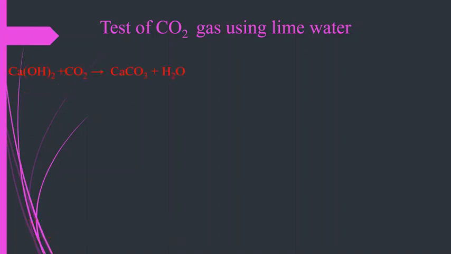This water, that means calcium hydroxide, reacts with carbon dioxide and produces calcium carbonate and water. Calcium carbonate is insoluble in water, and this calcium carbonate makes the water turbid. So by seeing this turbid water, we can understand that the produced gas is carbon dioxide.